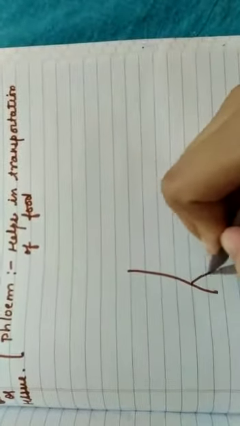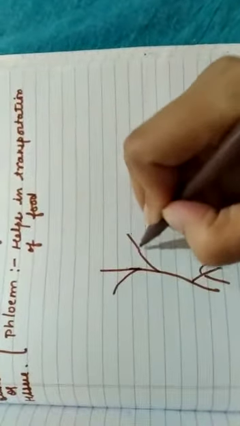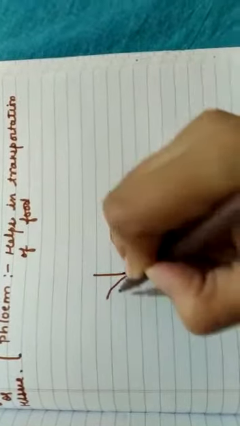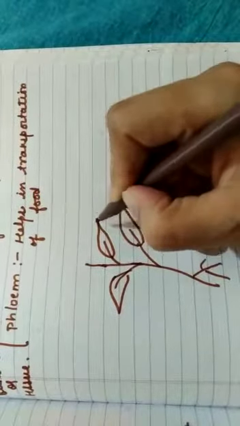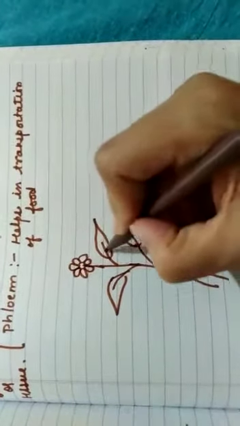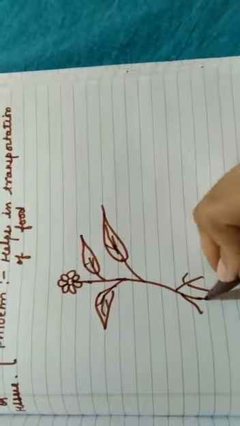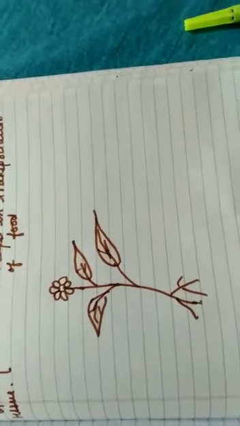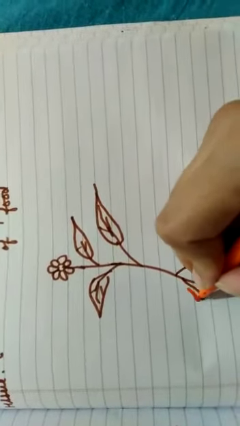Suppose I'm drawing the diagram for a simple plant. Suppose this is your roots and this is your plant. These are the roots. From the soil there are the xylem vessels which take the water.